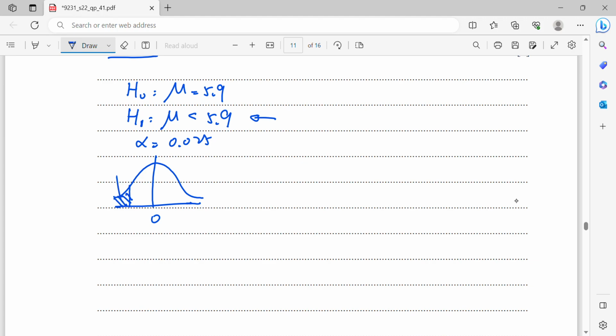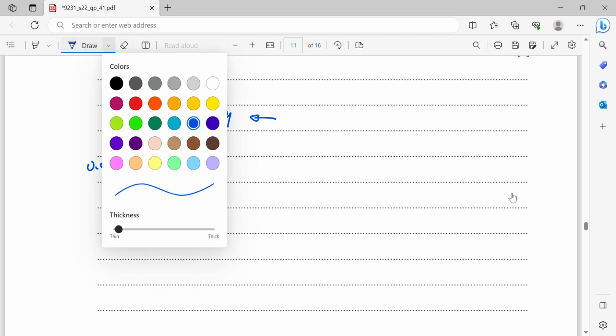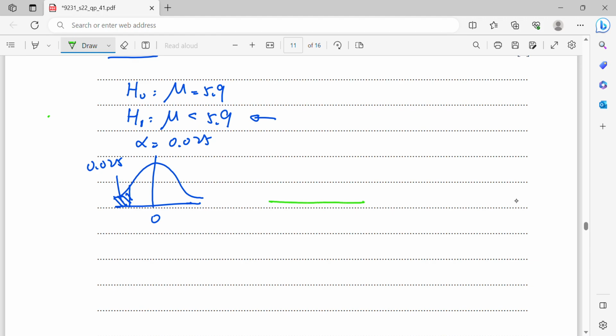Okay, so now this region, the area of the region is 0.025. But then from the T-table, the region is always on the right side. Therefore, I'm going to use green color as the rough work. Okay, this is not the actual working, it's just a rough work. So now I have to reflect the blue region into the green region.